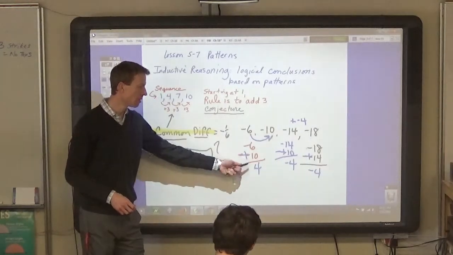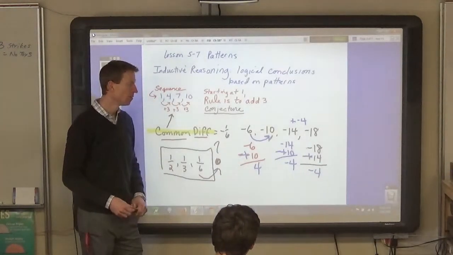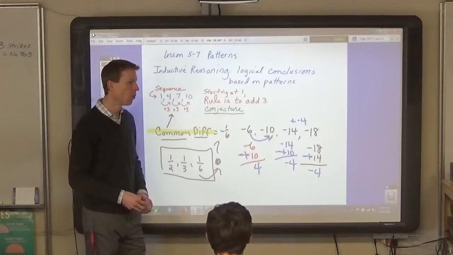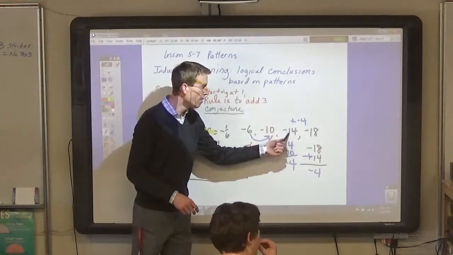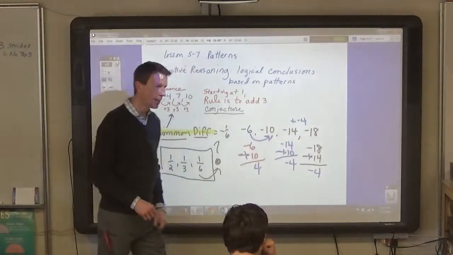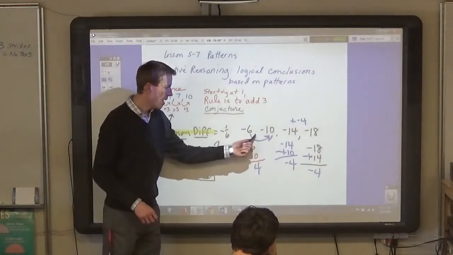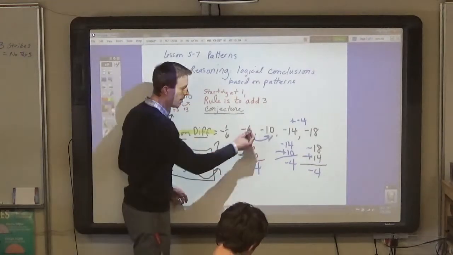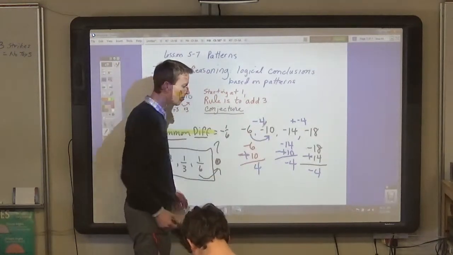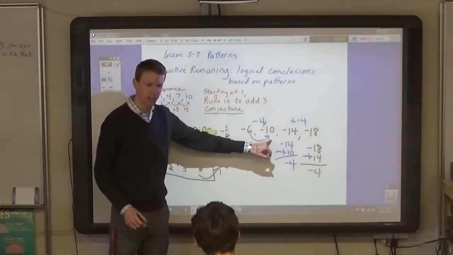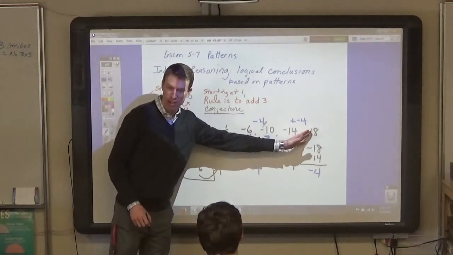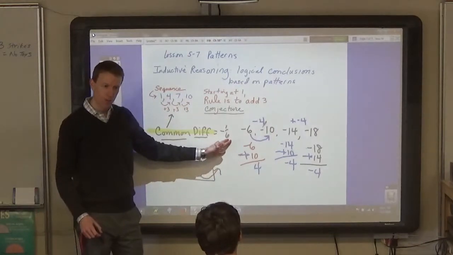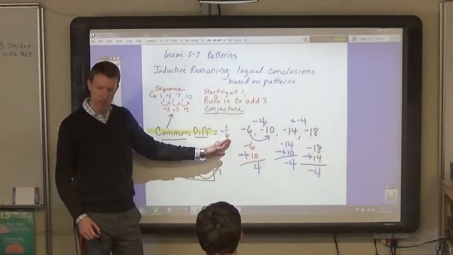Negative 6 plus 10 is 4. So there's a difference of 4, but it's easier to see that if you're adding negative 4 than if you're subtracting 4. It's sometimes harder to see the pattern if you are going from left to right than if you're starting at the end and going right to left.